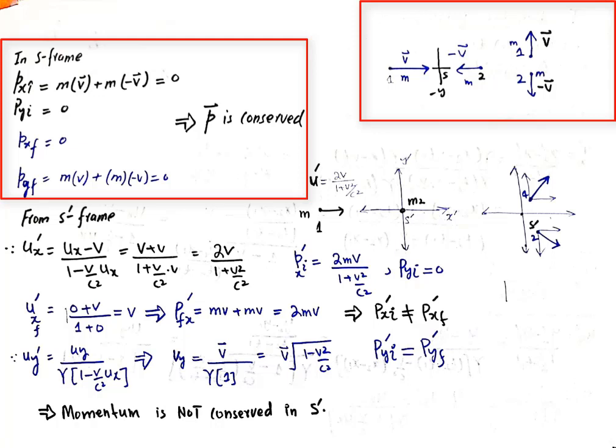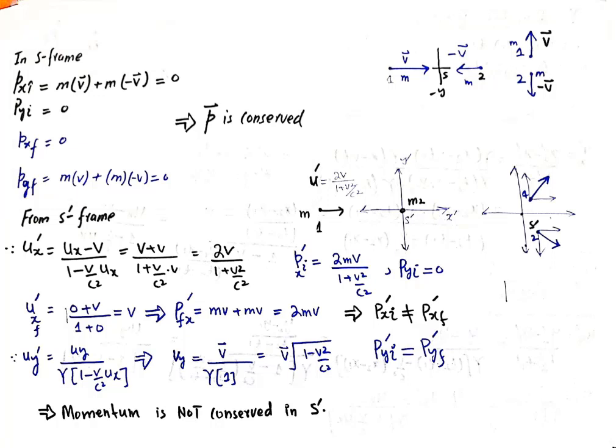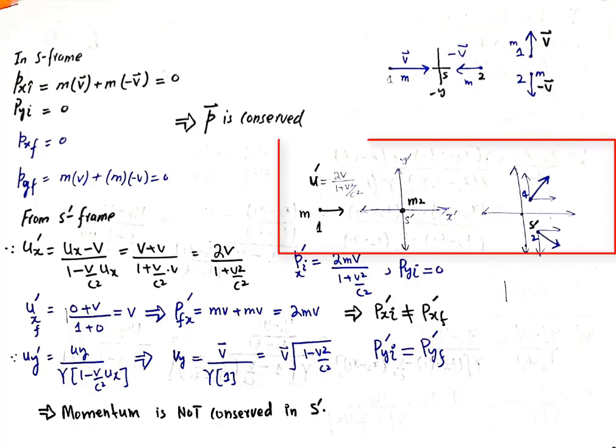But now we assume there is a frame S prime moving with speed v along the negative x direction. In this frame, particle 2 will appear at rest. So now particle 2 is at rest and particle 1 is coming towards it. In the previous video we derived the velocity transformation equation, so we can use it to get our velocity.